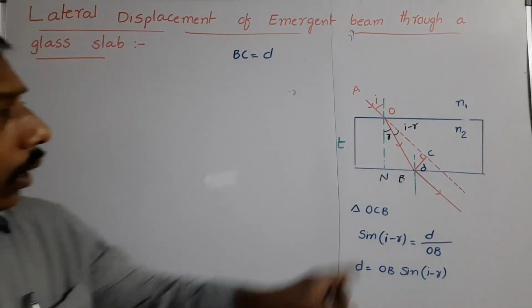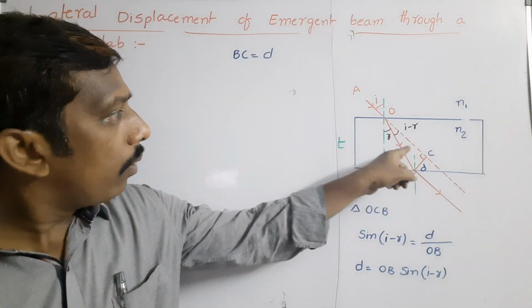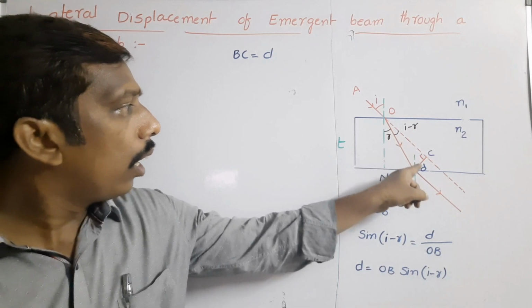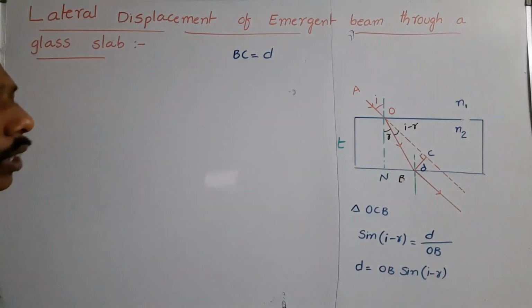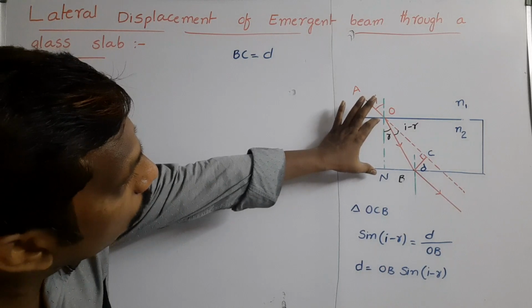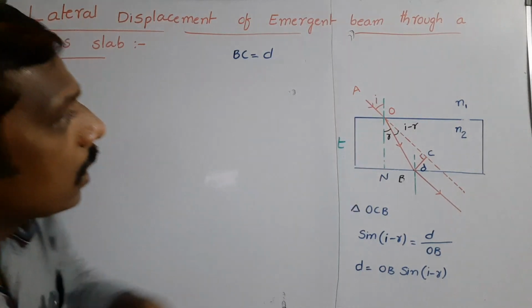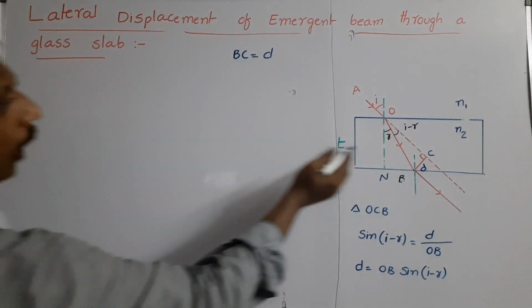Because here this is the right angle, the side opposite to the right angle acts as the hypotenuse. The side opposite the angle is the opposite side. So d, but we don't know the OB value. To calculate OB, we know ON. ON is equal to the thickness of the glass slab, and this acts as the adjacent side. Here another triangle is there.